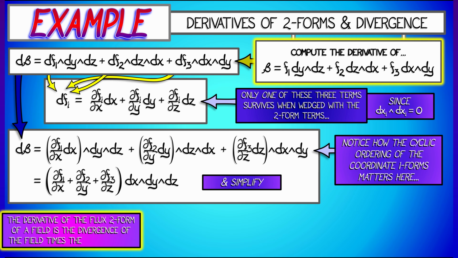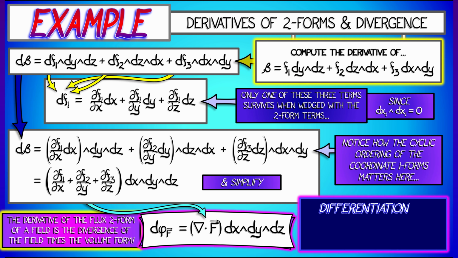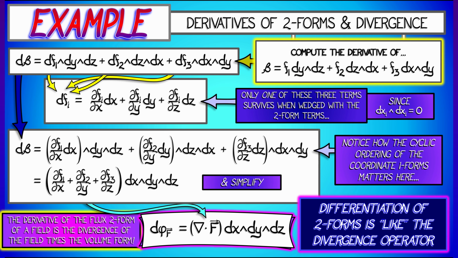Look at that. Again, we see something familiar. If we interpret beta as the flux-2 form of a general vector field F with components f1, f2, f3, then the derivative of this flux-2 form of F is really the volume-3 form times the divergence of F. This means that when you're talking about two forms, differentiation is like the divergence operator.